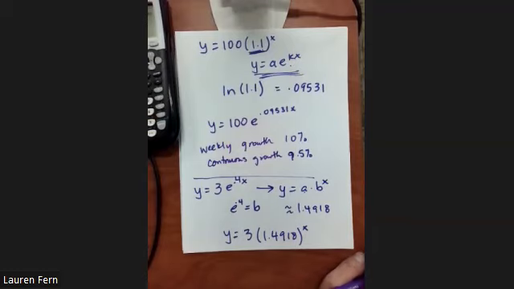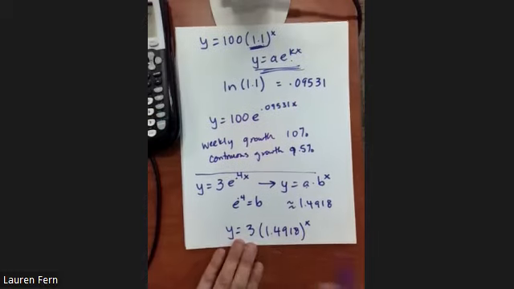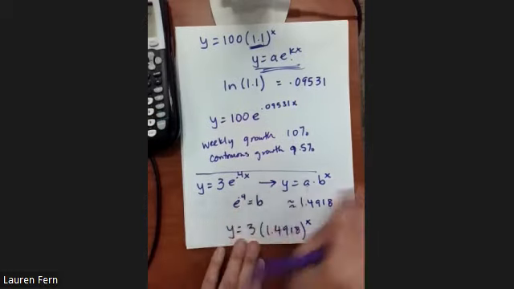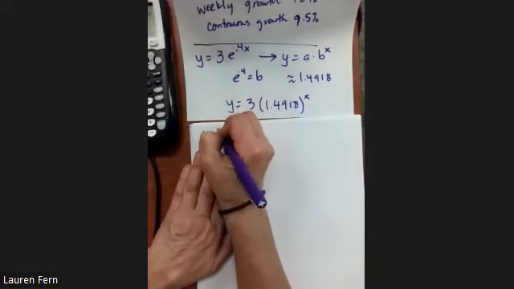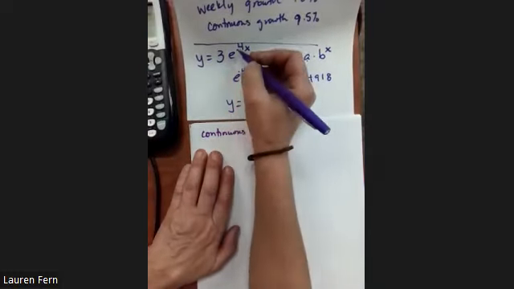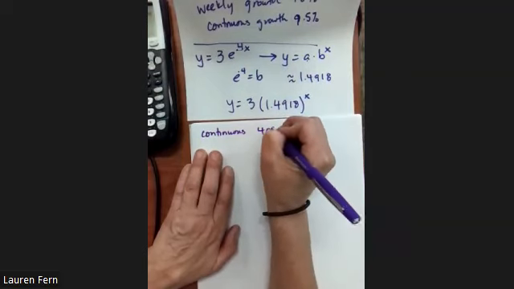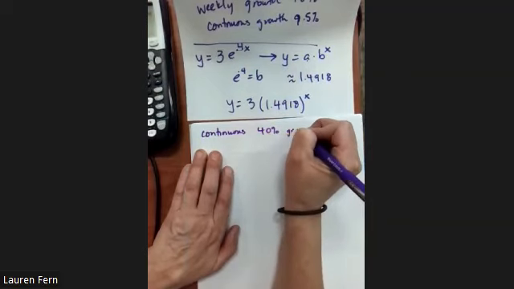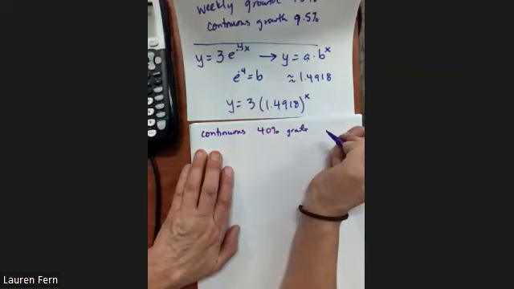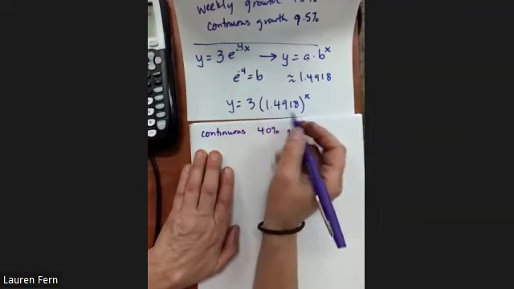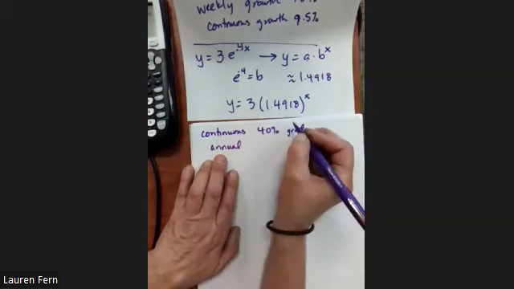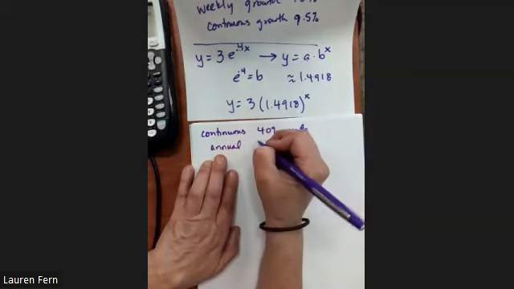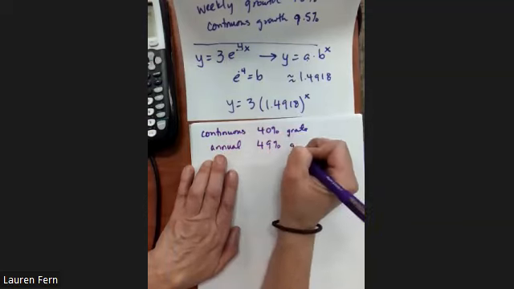And just to make the comparison again, this had a continuous 40% growth rate. And I don't know whether this is, let's just say, an annual growth rate of about 49%.